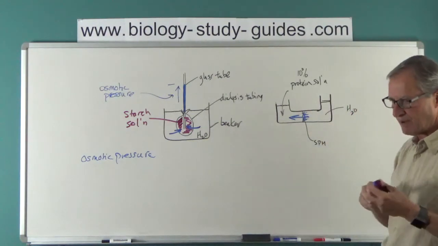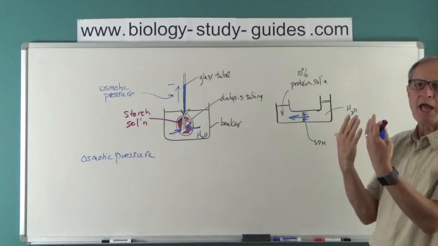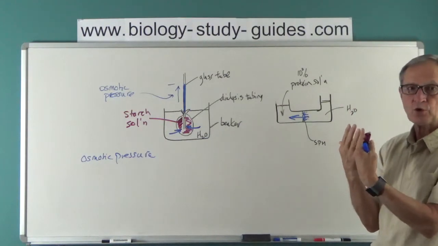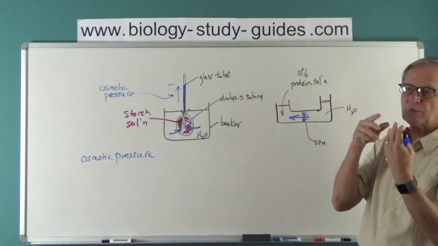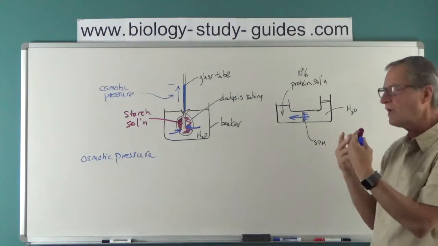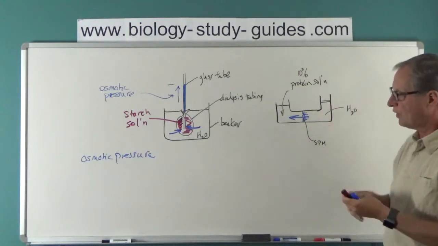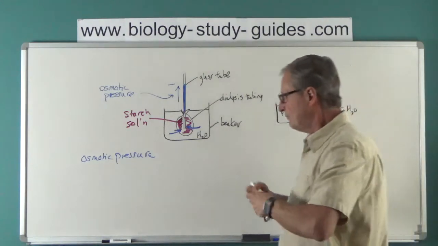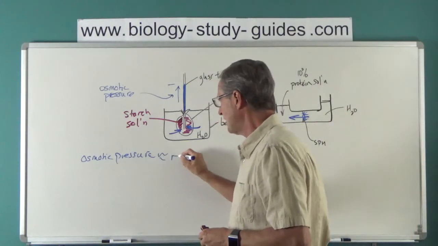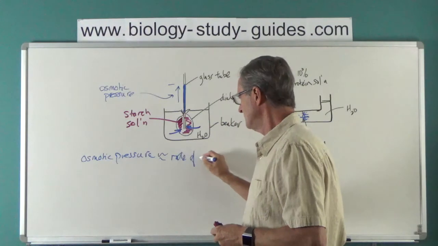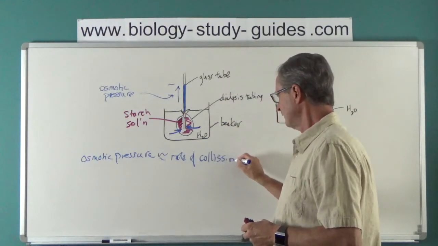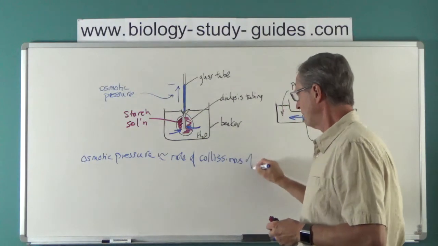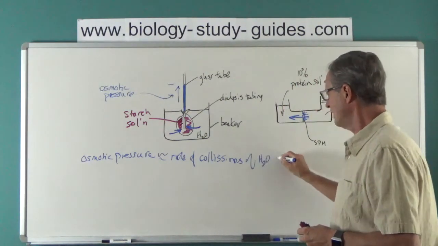Water is going to hit the membrane multiple times, and many of those times it's not going to go through. It's just going to be bounced off. It's not going to hit the protein the right way, or it's going to hit the end of the phospholipid, but water will go through. Osmotic pressure is the rate of collisions of the water molecules on the membrane.